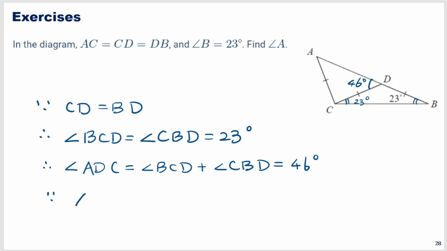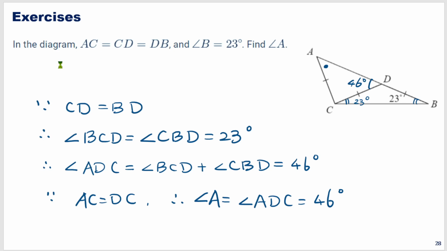And because AC equals DC, we also have angle A, this angle, equals 46 degrees, right? Can you follow me? Okay, any questions? If not, let's have a look at another example.